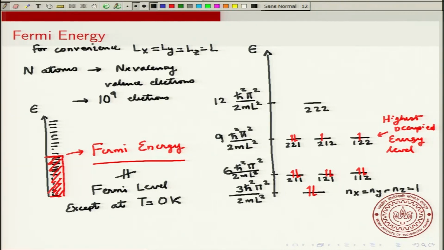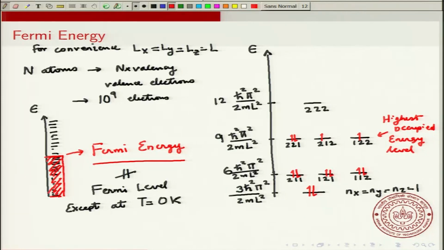But the point is that the Fermi energy is defined in terms of the energy levels. At T equal to 0 Kelvin, you will start filling the energy levels from the bottom, and you will only fill the lowest energy levels.